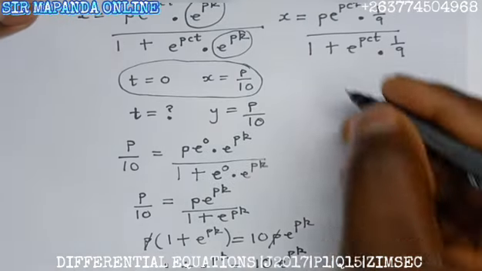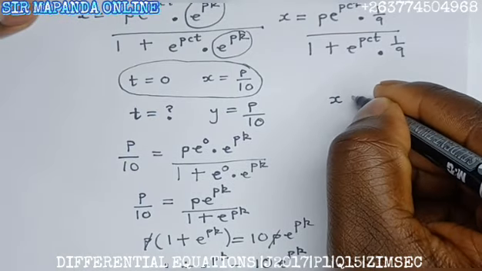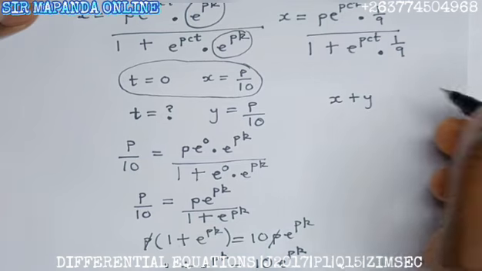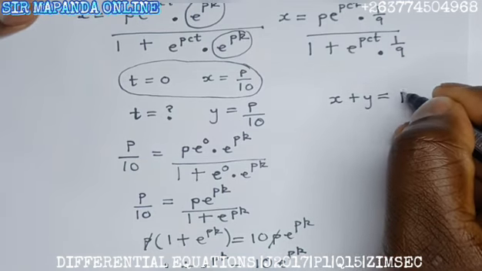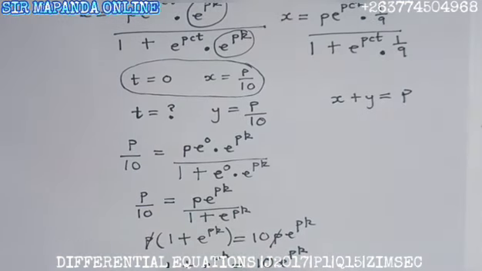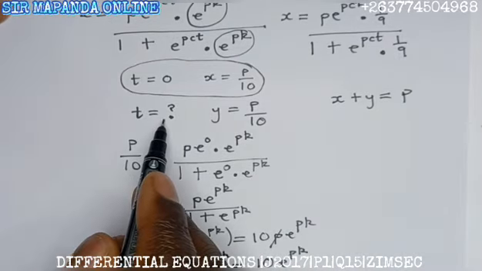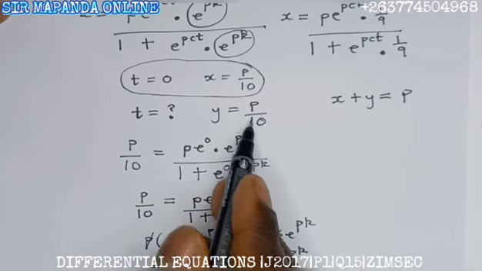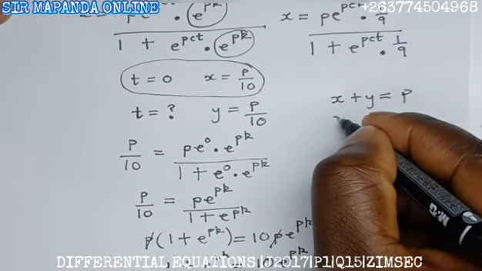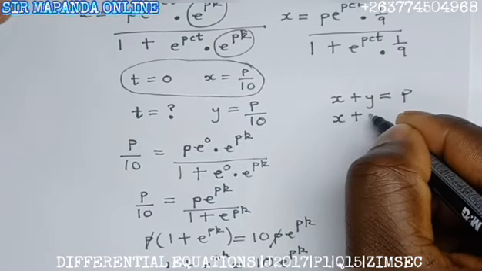Do not forget that the sum of those infected with disease X and the sum of those infected with disease Y is equal to P. I hope you are following. Remember, the question wants you to find the time when Y is equal to P over 10. So what is the value of X when Y is P over 10?